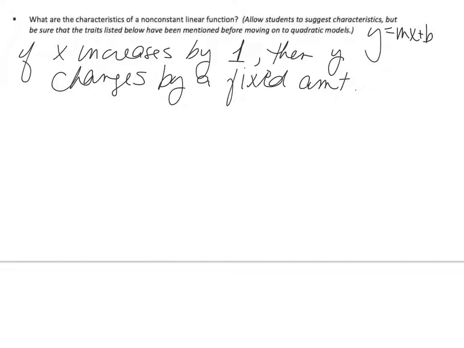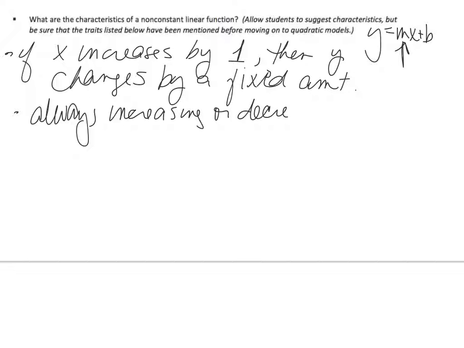So if x increases by 1, y would increase by a fixed amount. That would be our slope. Also, the function is always increasing or decreasing the entire time of the model, okay? And it's always increasing or decreasing at the same rate.